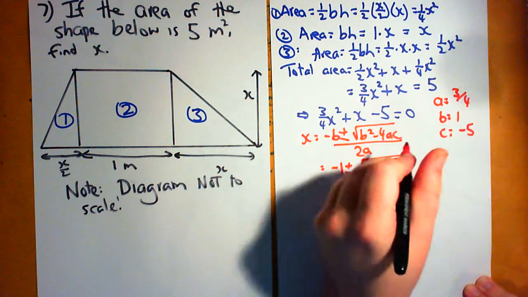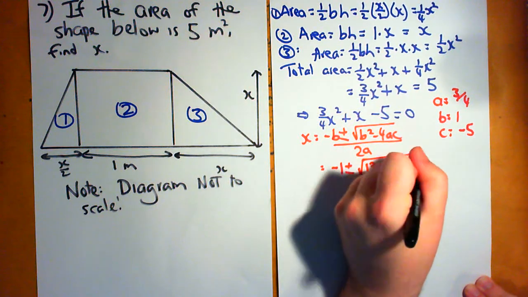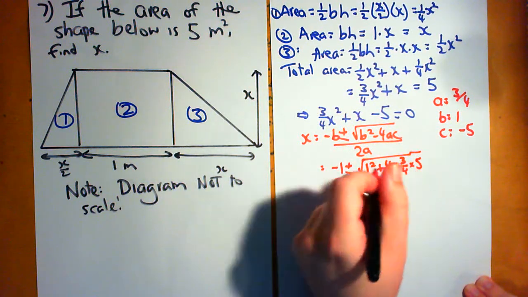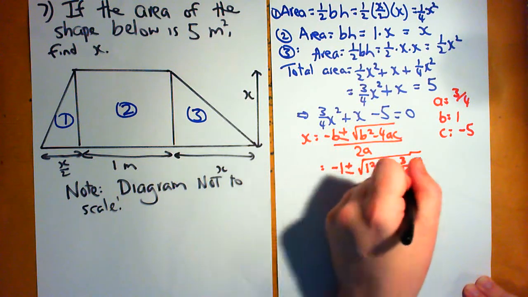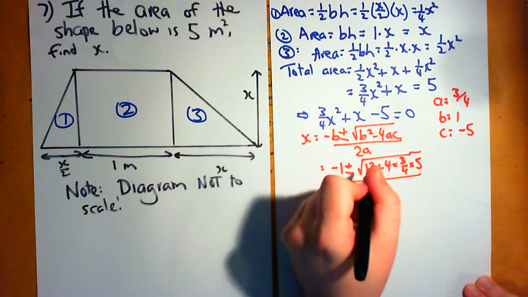Because it's times a negative, that'll make this a plus, so times 5, divided by 2a, which is going to be 2 times 3 quarters, which is 3 halves.